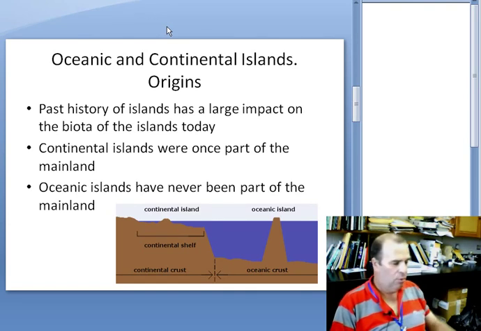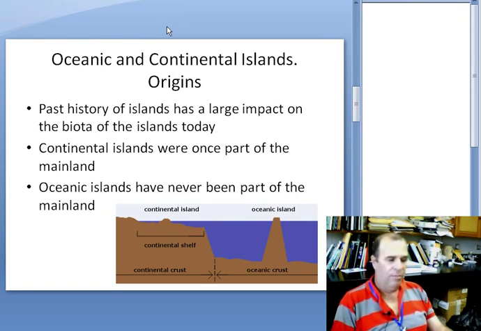And probably the most important part of the difference is that continental islands were once part of the mainland, so they were an integral part of the mainland, so they had a continental biota, they had a continental flora, continental fauna, whereas oceanic islands had never been part of the mainland, so they arose above the ocean, some distance from the continent, and they've never been joined to the continent.